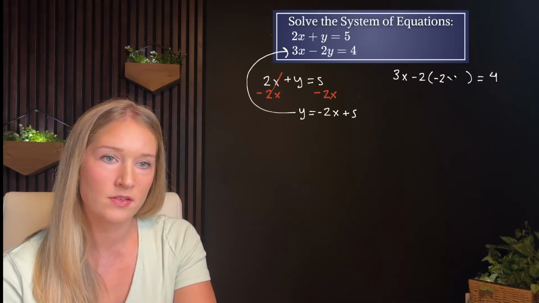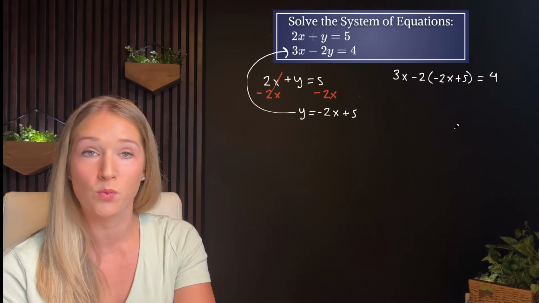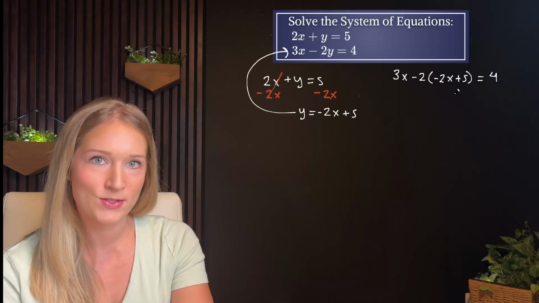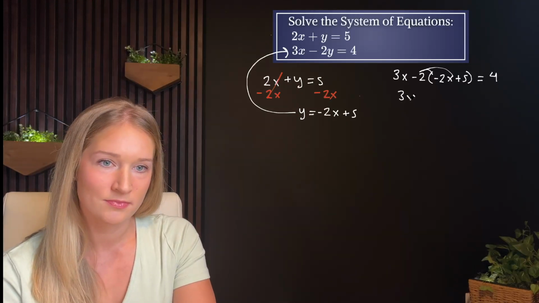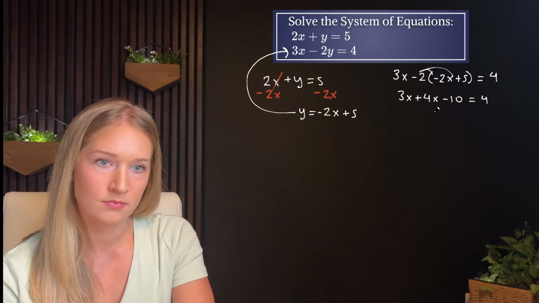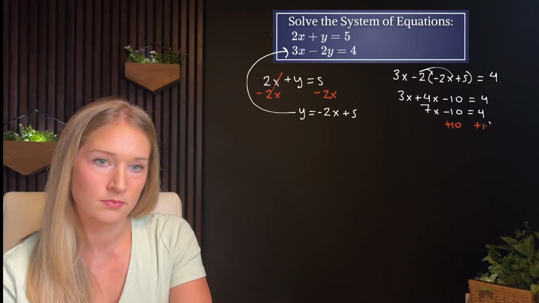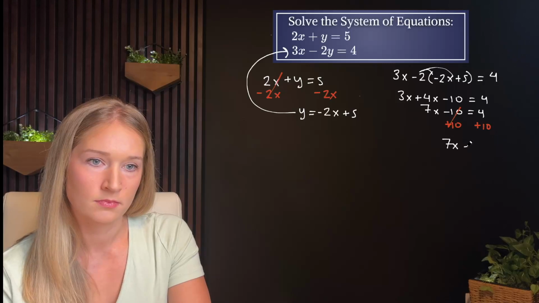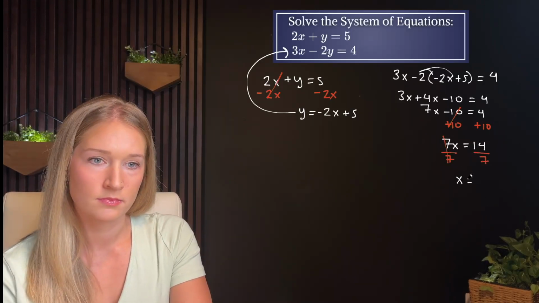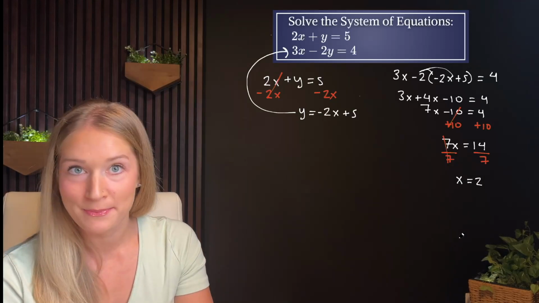So I throw that negative 2x plus 5 in for y, and then I simplify and solve. So I was able to find my x value.